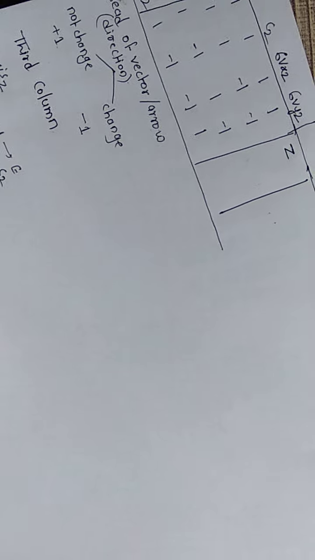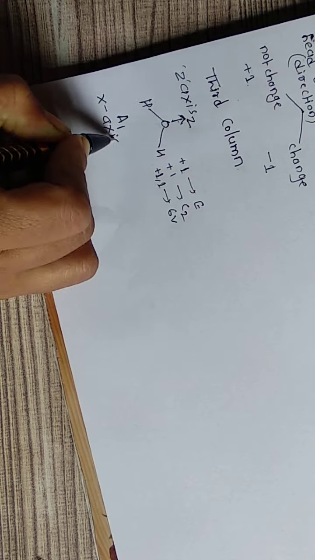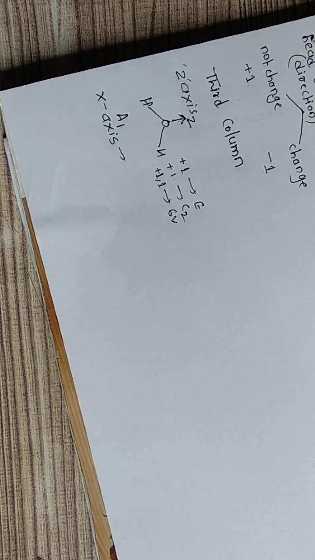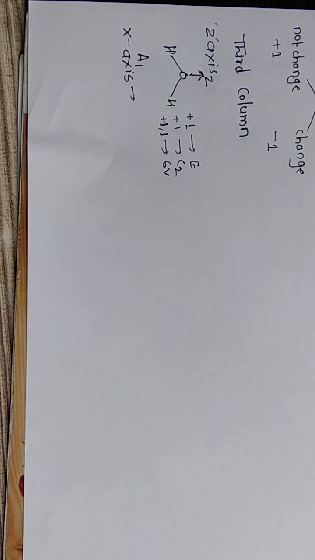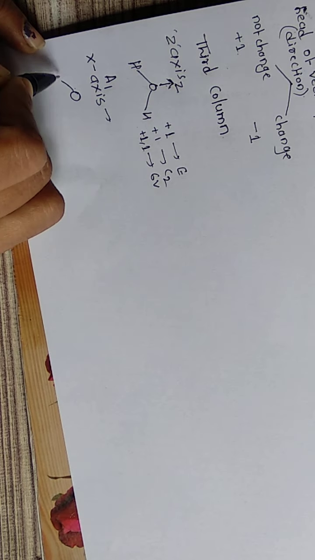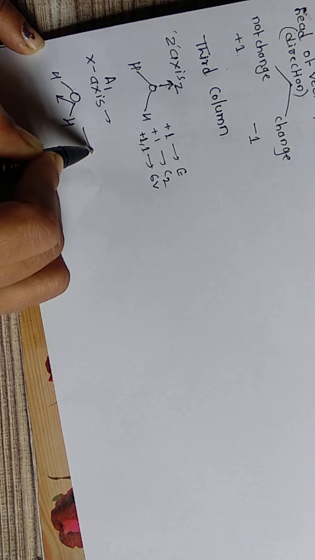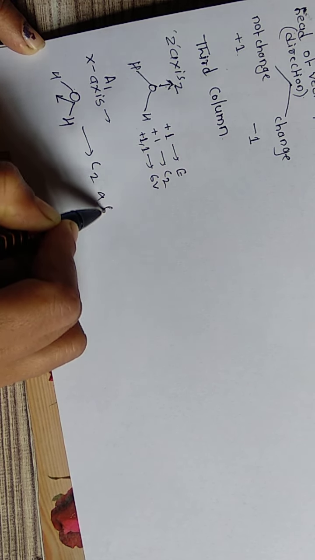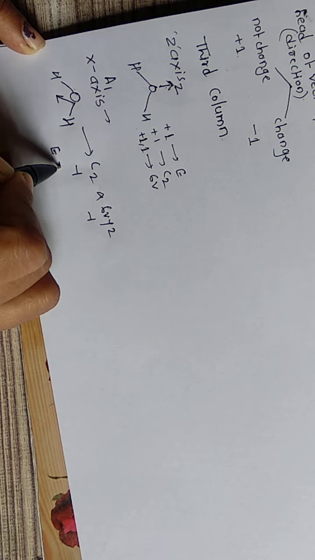Now we see the vector along the x axis. The direction of the head of vector x changes by C2 and sigma v yz. If we operate on the x axis, this is the x axis, then the direction changes for C2 and sigma v yz, so these are -1, and identity is +1.